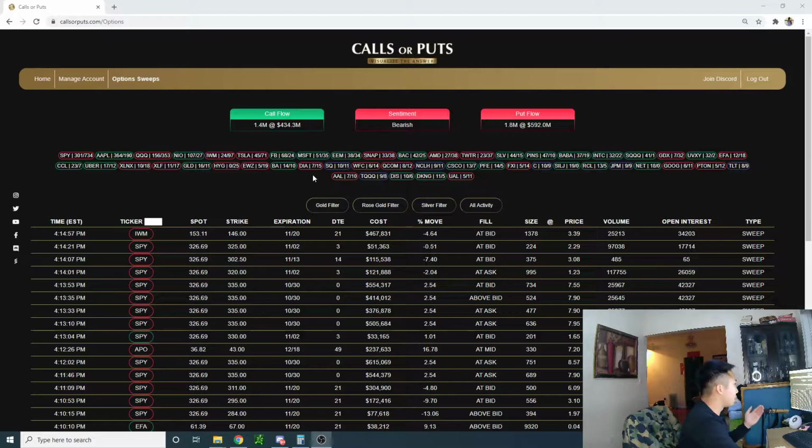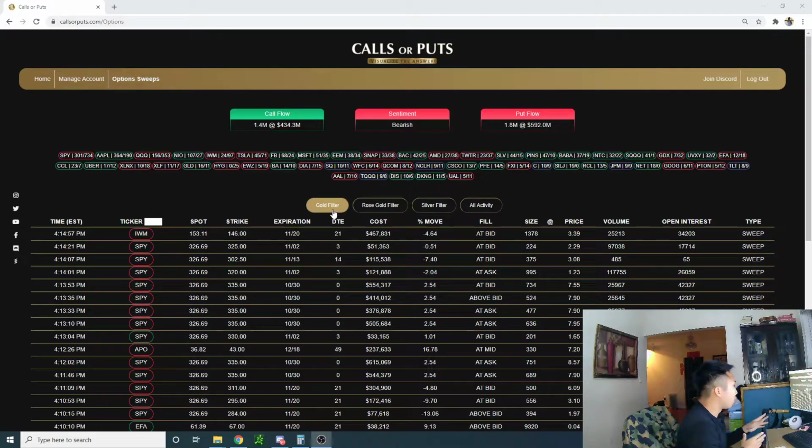Reason being, this is there to confirm a trade. It's not there to help you become rich quick or follow every single golden sweep and make money off of it. No, that's not the case. And I don't believe in getting rich quick. This platform is basically showing you the orders option flow that is coming into the market.